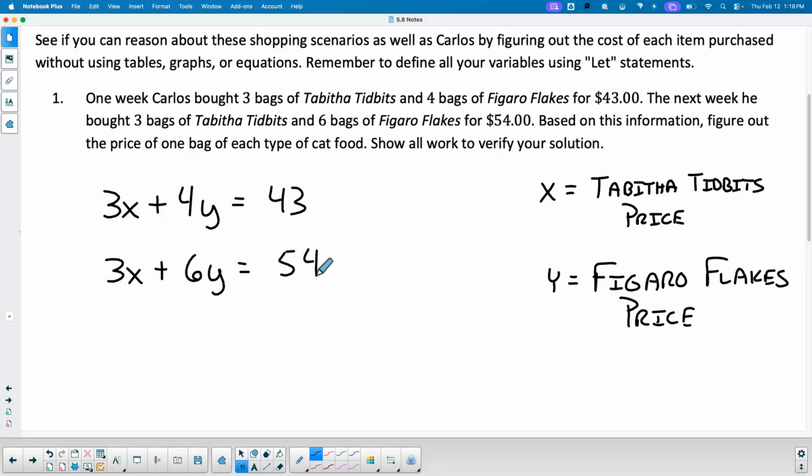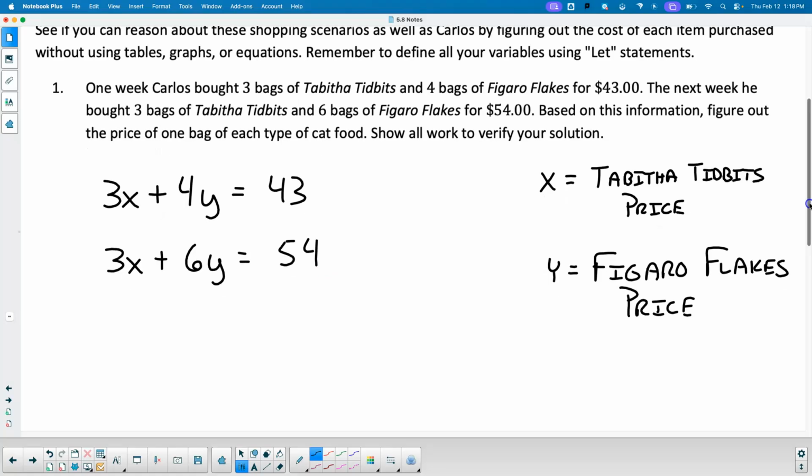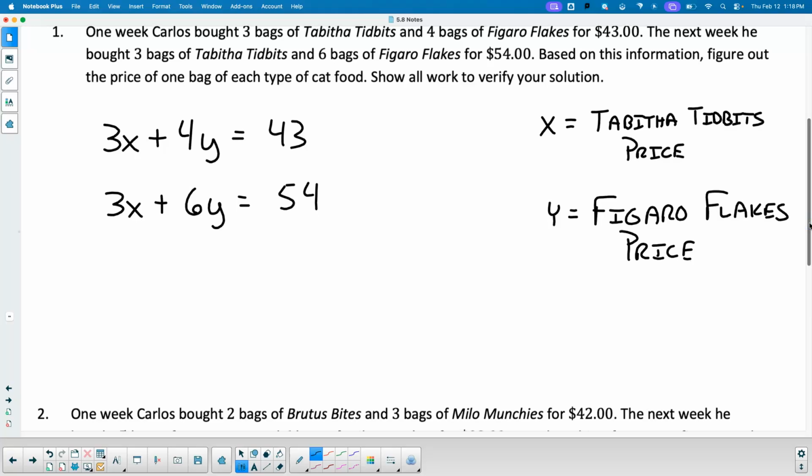But if we don't see that, we got to have a third tool in our toolbox. And that third tool is going to be the elimination method. Okay?